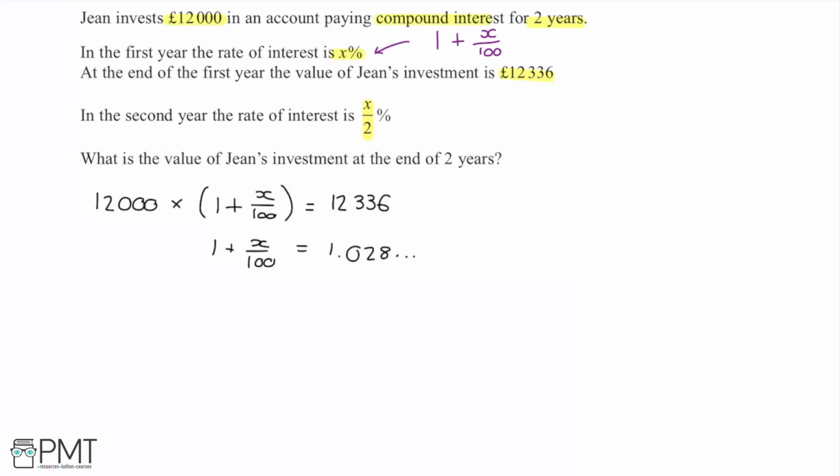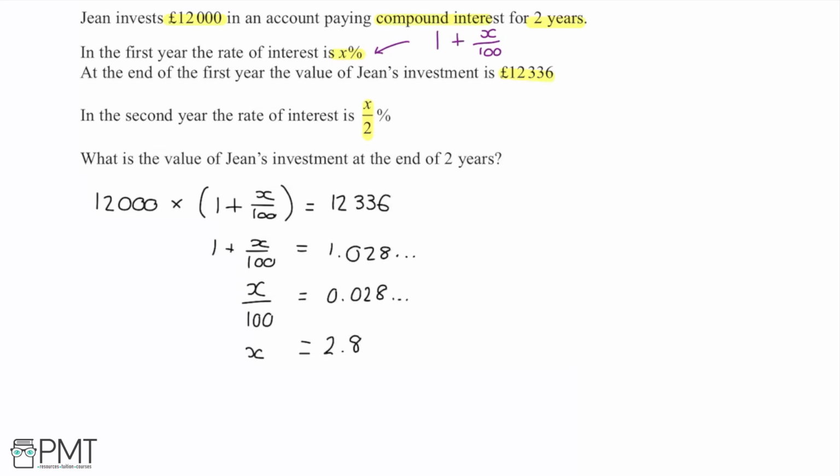I can subtract 1 from both sides to give me 0.028, and then I can multiply both sides by 100, and that gives me an answer of x being equal to 2.8. So we've solved this to find the value of x, which is the rate of interest.